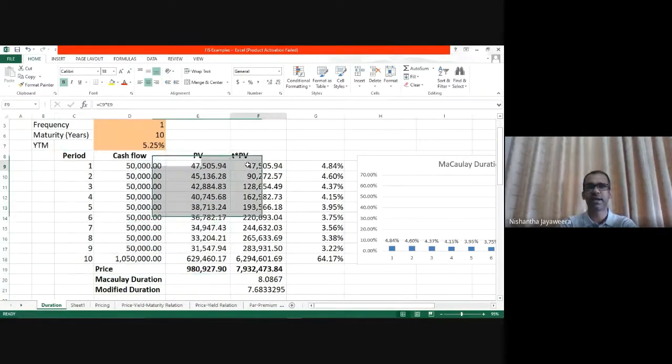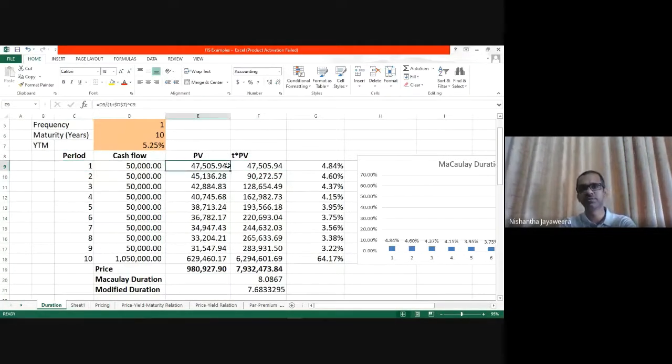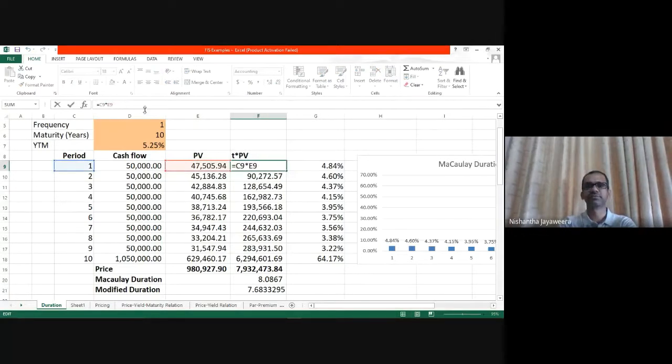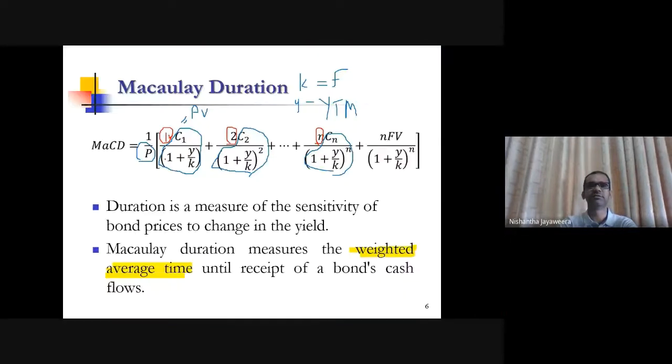But this is an addition to calculate the duration: time into present value. If you add them together, we get this figure, the answer for this part. But the Macaulay duration is this sum divided by the price.